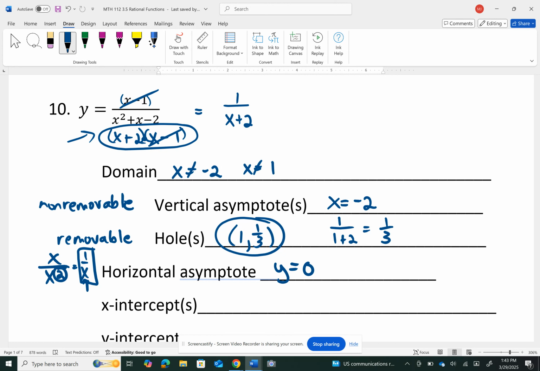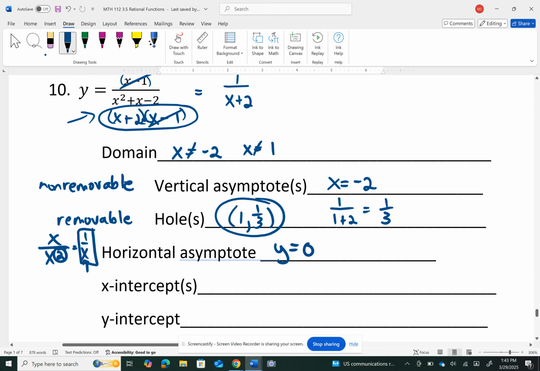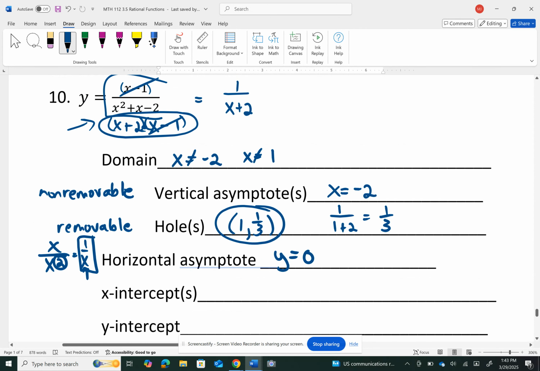Okay. Now your x-intercepts, that's going to be when you're thinking about what causes this fraction to equal 0. But you got to watch it on the ones with a hole, because you're not going to have an x-intercept when x equals 1. I know it makes the numerator 0, but the problem is it also makes the denominator 0.